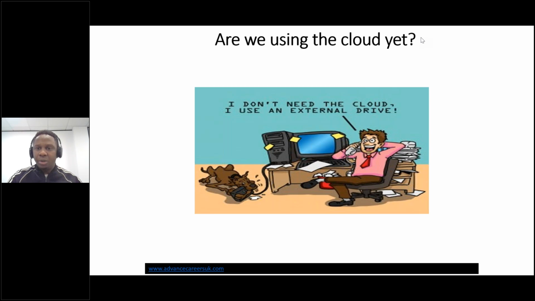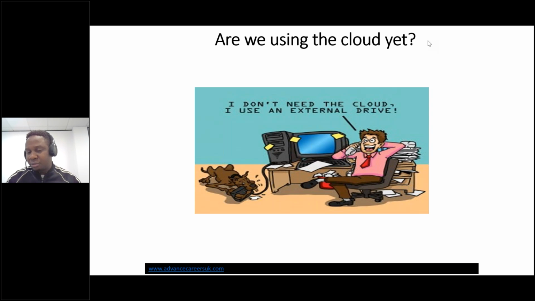Are we using the cloud yet? I don't need the cloud. I use an external drive.